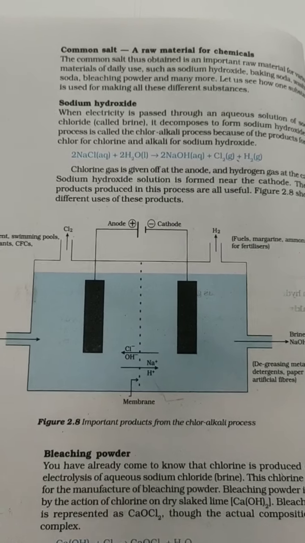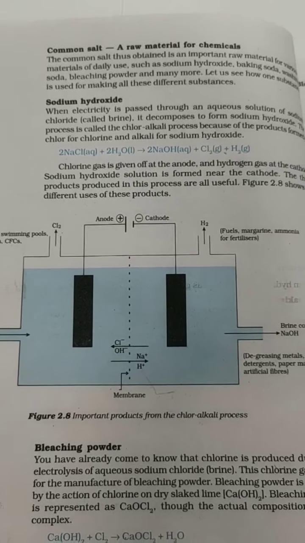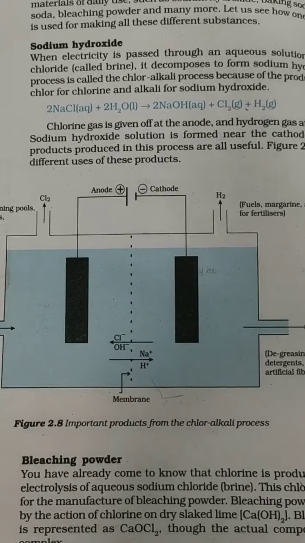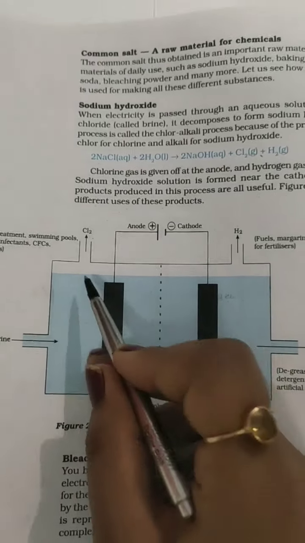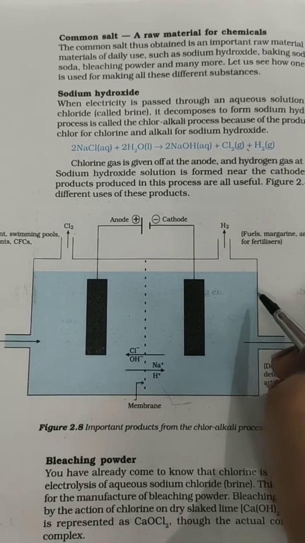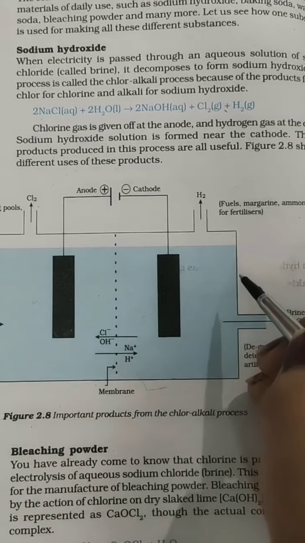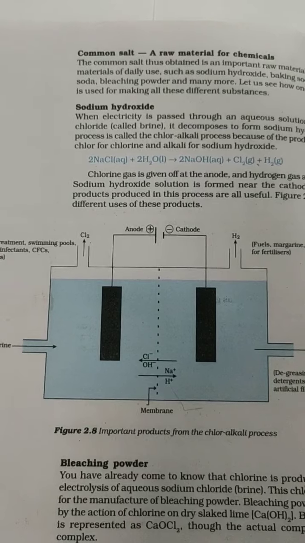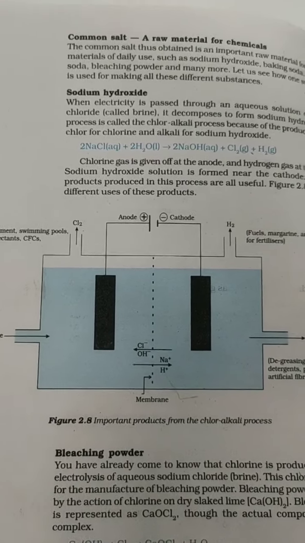The positive electrode is called the anode and the negative electrode is called the cathode. In the process, we will have this container filled with NaCl solution, which we also call a brine solution, BRINE, brine solution.